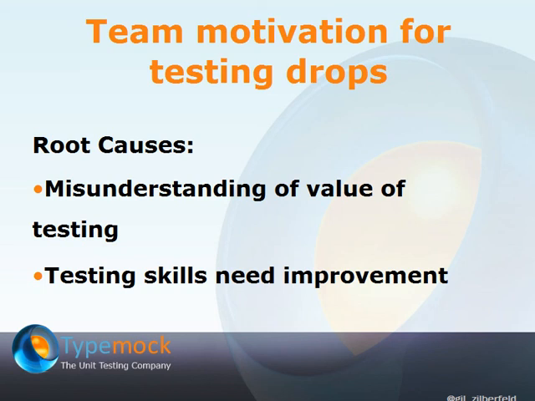Root causes: if we don't put a lot of effort into instilling why we need testing, people will see it as a chore. That's why people don't adopt testing today. They see it as a chore. Only people who understand what the value is will go on to adopt it.